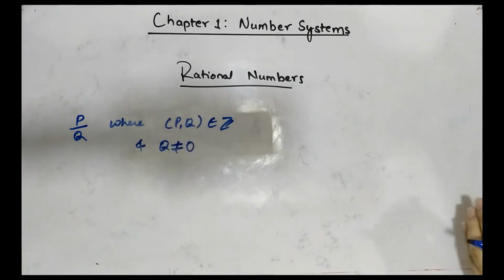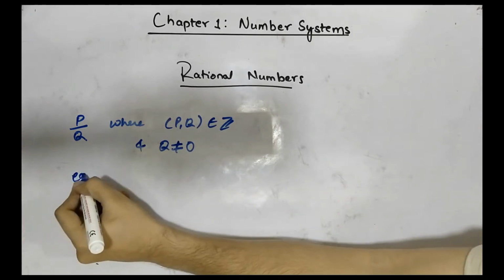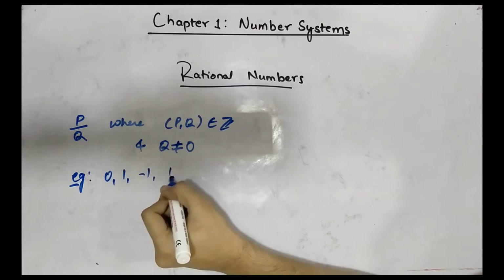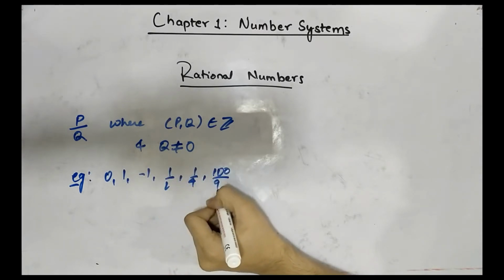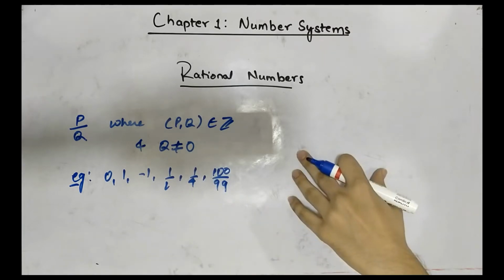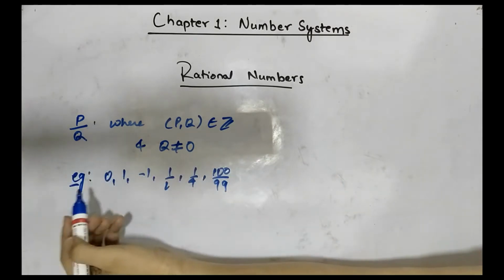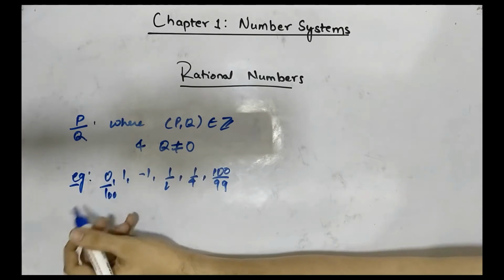That's it. Any number can be a rational number. For example, 0, 1, minus 1, 1 by 2, 1 by 4, 100 by 99. All these numbers are rational numbers because in all of them P and Q exist. Now 0 can be represented as 0 by 1, 0 by 100, and 1 can be represented in similar ways.